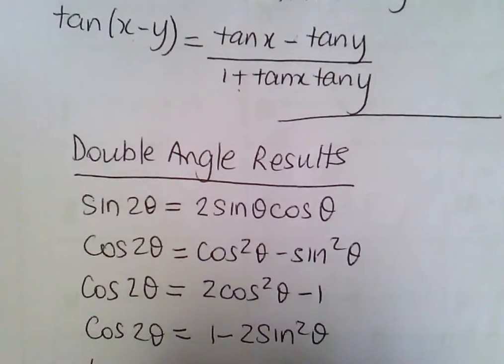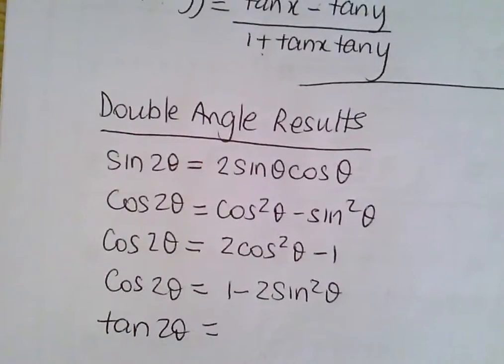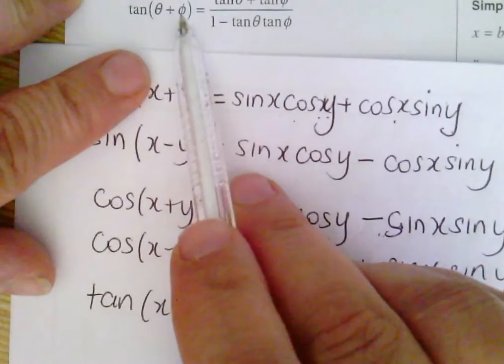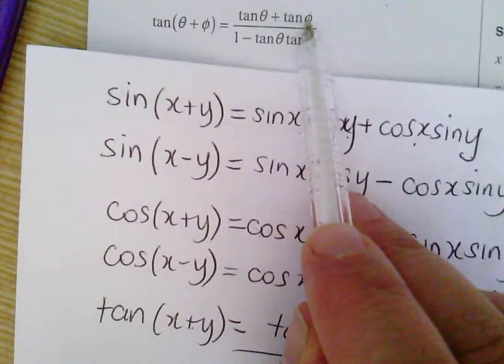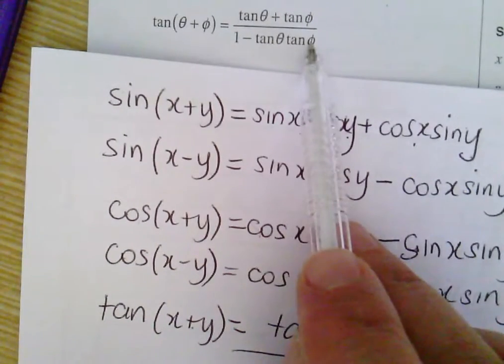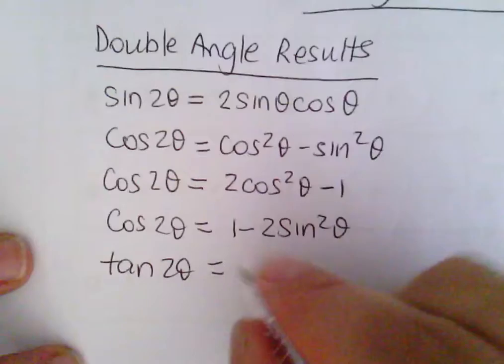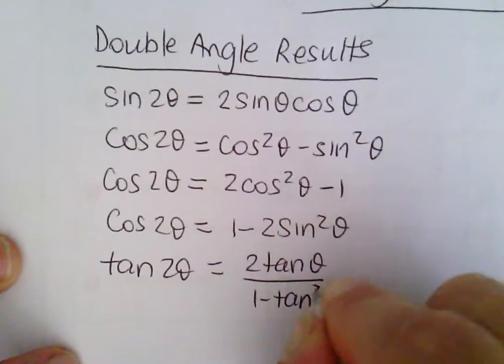And the tan 2 theta result, looking at the tan results up there, if we were to double it, you'd have tan theta plus tan theta over 1 minus tan theta times tan theta, which would be tan squared theta. So that double angle result is 2 tan theta over 1 minus tan squared theta.